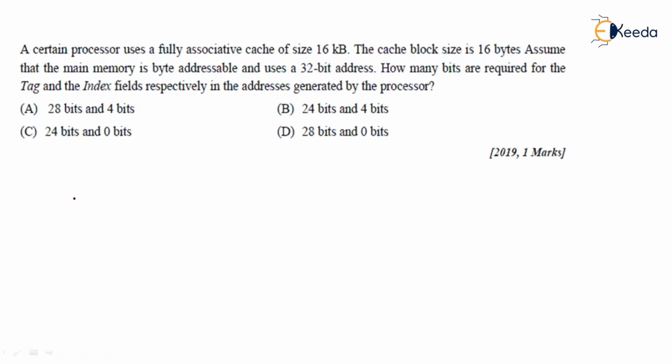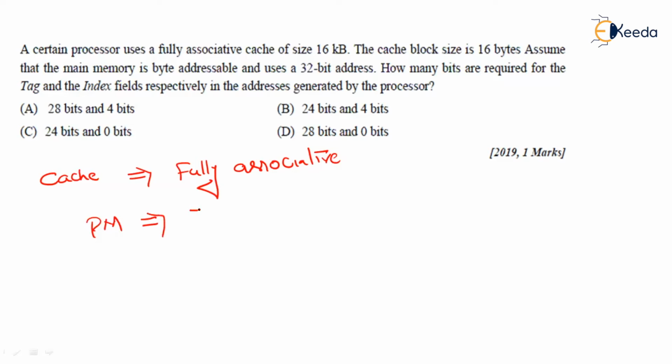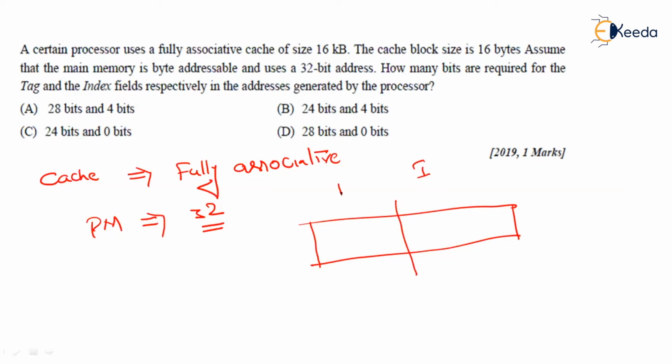The details provided are: cache is fully associative, and the physical address is 32 bits. Now we need to divide the address into index, tag, and word fields, right? First, we need to divide the index portion and the tag portion.